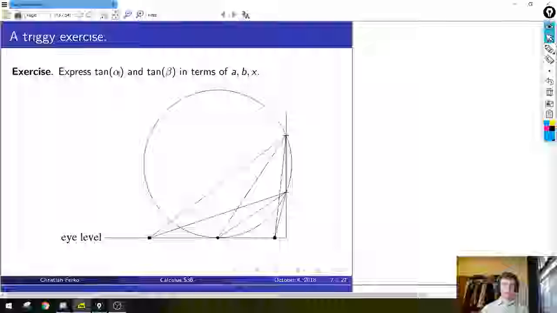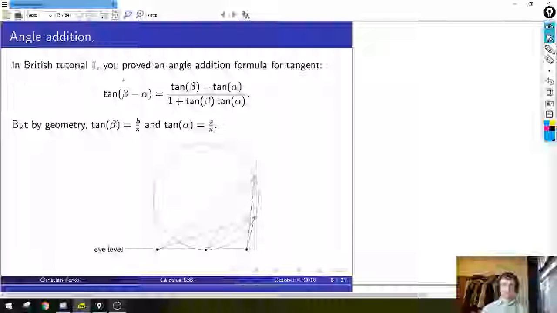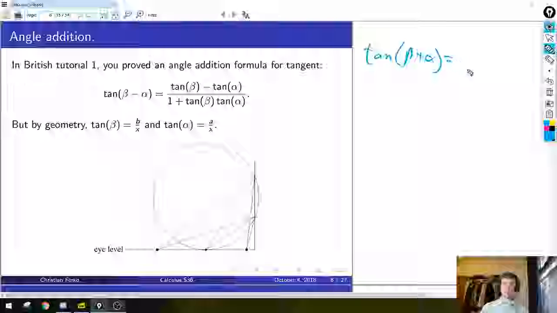We know a over x and b over x for these guys. Now here's why this is nice. Clear back in the first tutorial, you derived the sine and cosine angle addition formulas from Euler's identity, the e to the ix junk. Then you divided them and got this nice formula for the angle addition of tangents. In that case, I think it was a plus sign between them, but it's easy to make one of them negative.